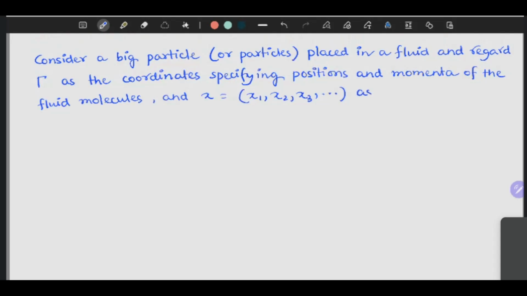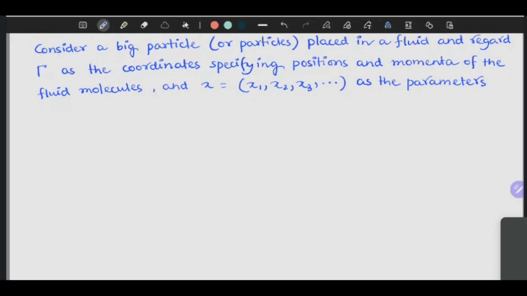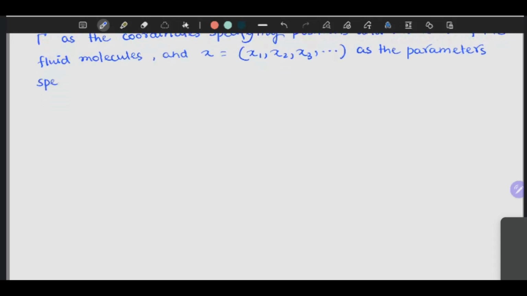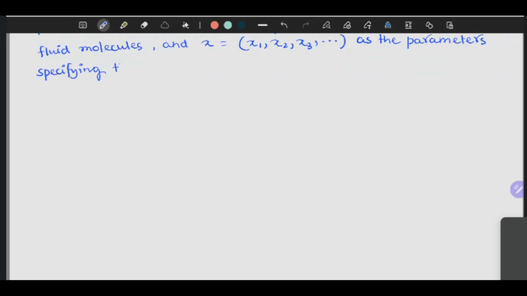as the parameters specifying the configuration of the Brownian particle.